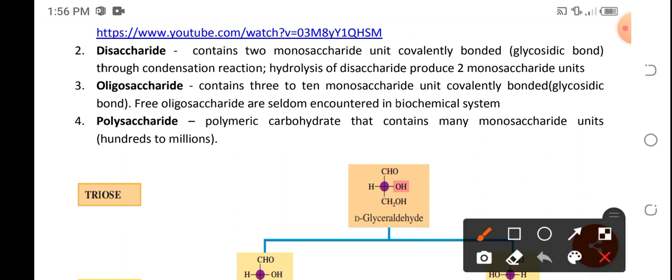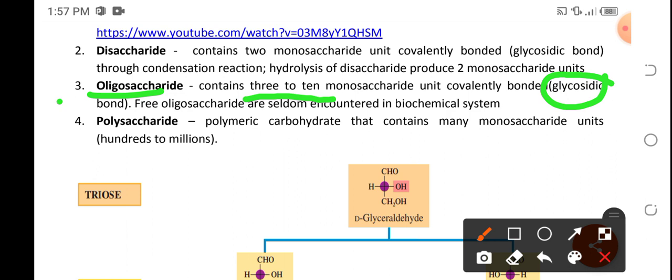Next classification would be oligosaccharides. So this monosaccharide has at least 3 to 10 units. Okay, 3 to 10 monosaccharide units. Still, these 3 to 10 monosaccharides will be covalently bonded through a glycosidic bond or glycosidic linkages.